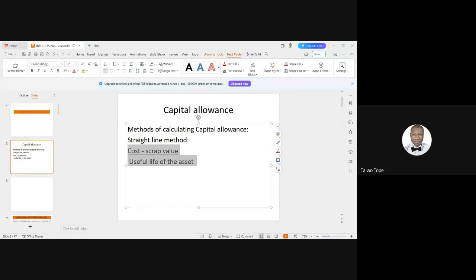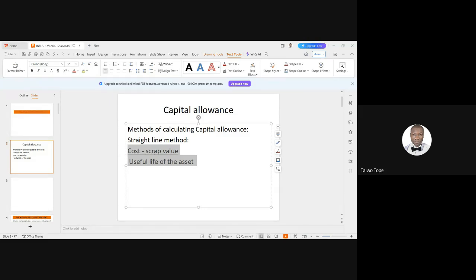Now, there are certain things we must note in solving questions that involve taxation.